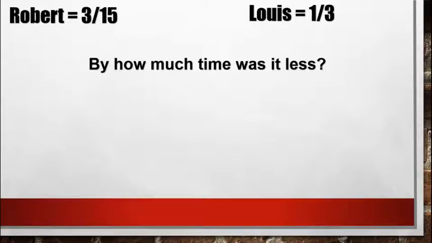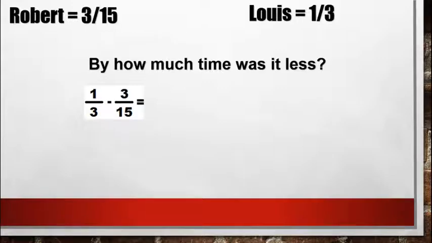Because Robert has the smaller time, we will subtract it in our 1/3. 1/3 minus 3 over 15 is equal to, so as you can see, 3 and 15 is a different denominator, so we need to think of a number that we can multiply to 3 and able to get 15.